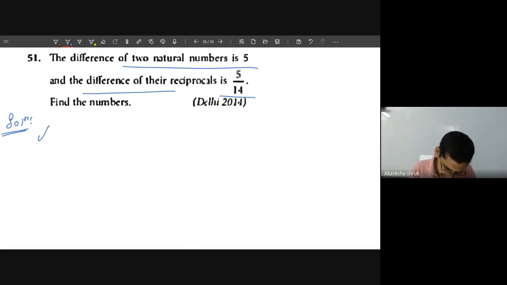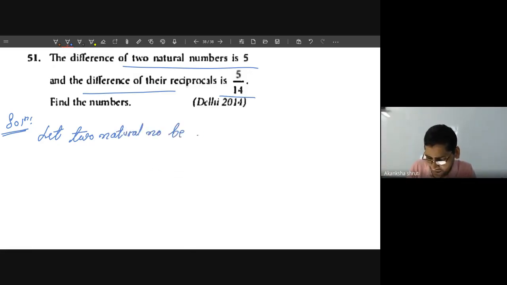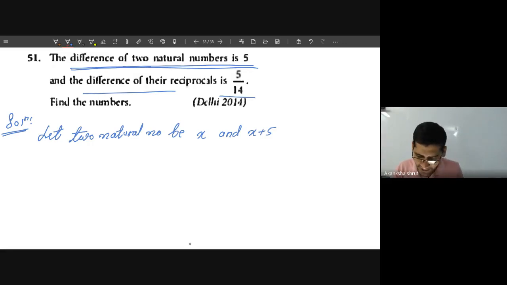So let two natural number be x and x plus 5. स्टूडेंट यहां ध्यान दीजिए, ये हमने पहले स्टेटमेंट को इस वेरिएबल को ही चूज करने में हमने यूज कर लिया. पहला जो कंडीशन है डिफरेंस ऑफ टू नेचुरल नंबर इज 5. So therefore I have chosen the two variable as one as x and other as x plus 5. Okay, this is how I have chosen.